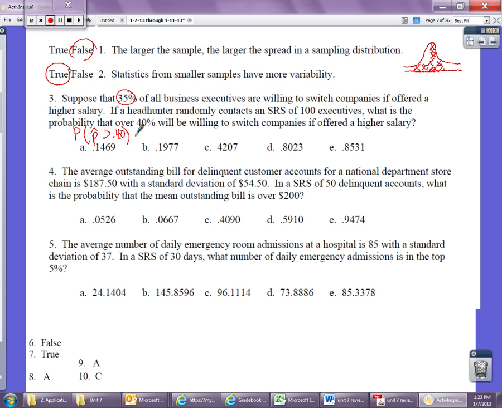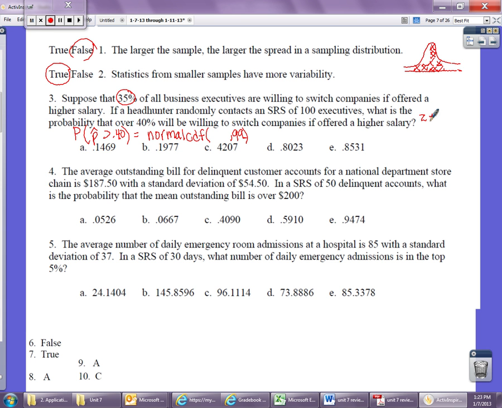In order to solve for this, you're going to end up doing a normal CDF of your z-score up to 99. So we first have to find that z-score, and to do that I have to convert this.